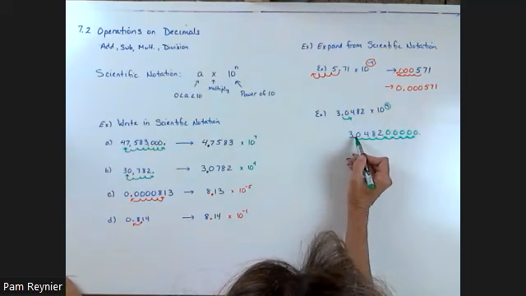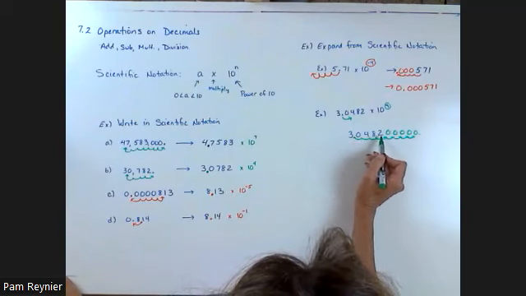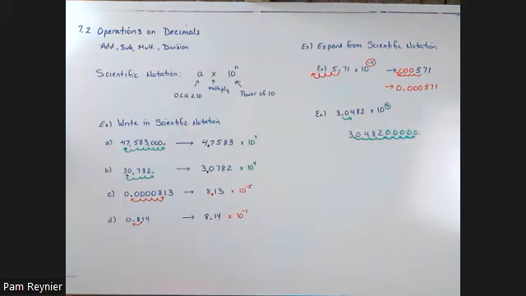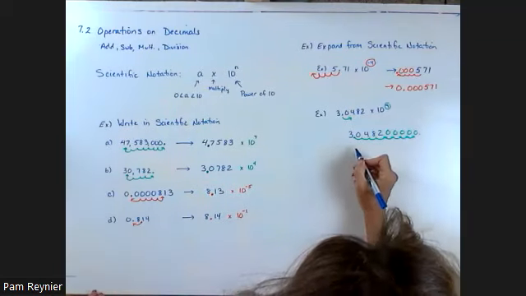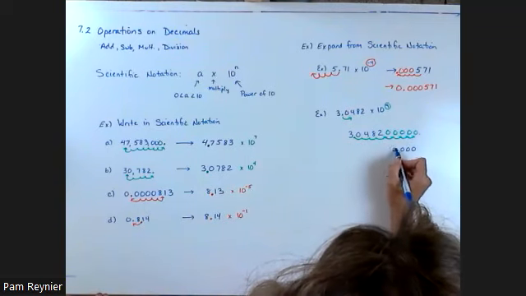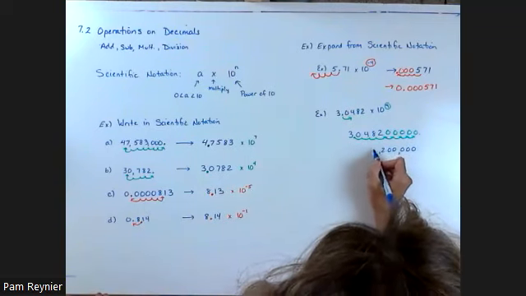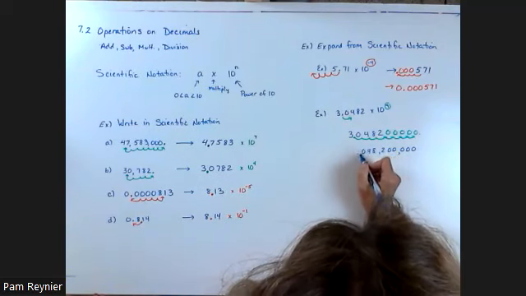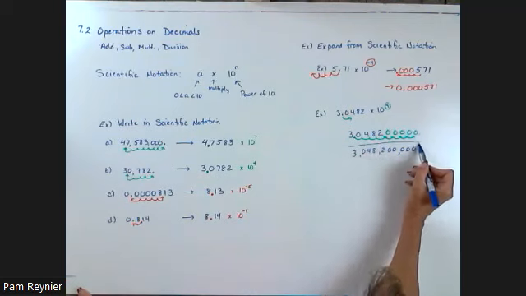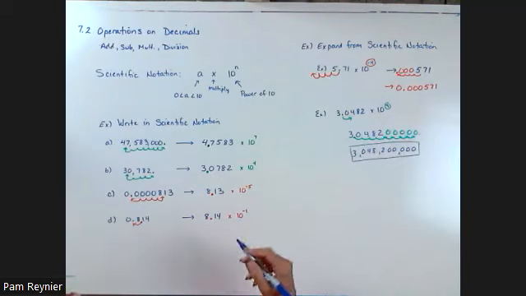I was here after the 3. 1, 2, 3, 4, 5, 6, 7, 8, 9. And now I've moved it 9 to the right. And so I'm going to insert my commas. So 3,048,200,000.